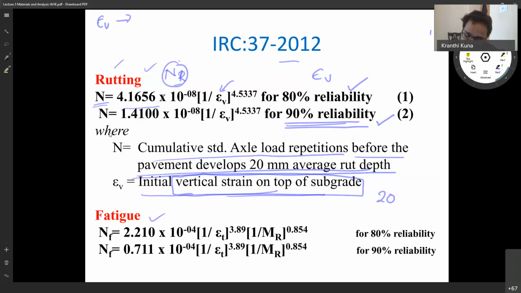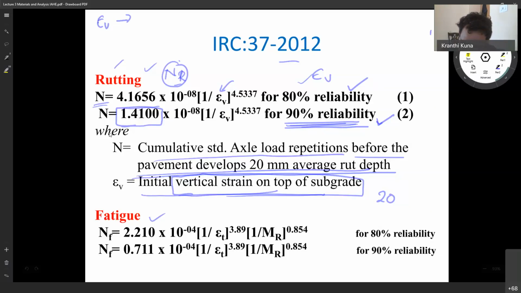Basically this will give something similar to our mechanistic equation, as shown. So with 90% reliability, you can see the factor is smaller, which means for the same pavement the 90% reliability equation gives lesser life. I think it is about 3 times lesser life compared to the 80% reliability equation.